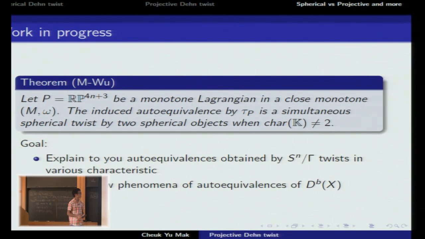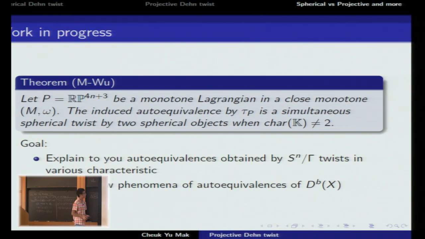You can see that the twist changes if you go to different characteristic, and I want to observe whether this will give new kinds of phenomena of autoequivalence for the bounded derived category.